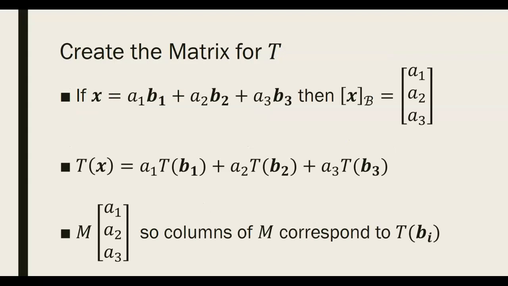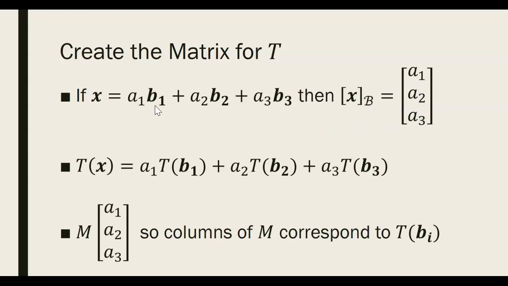Okay, so let's create the matrix that represents the transformation. Here's how we do it. It is a linear transformation, so what does that mean? That means if I take an arbitrary vector x from our vector space, and I write it as a linear combination of the basis elements, then x written as the coordinate vector corresponding to those basis elements will just be the coefficients of those basis elements.